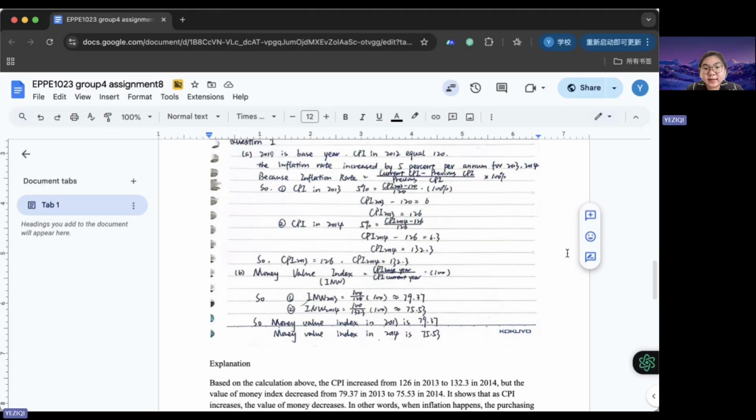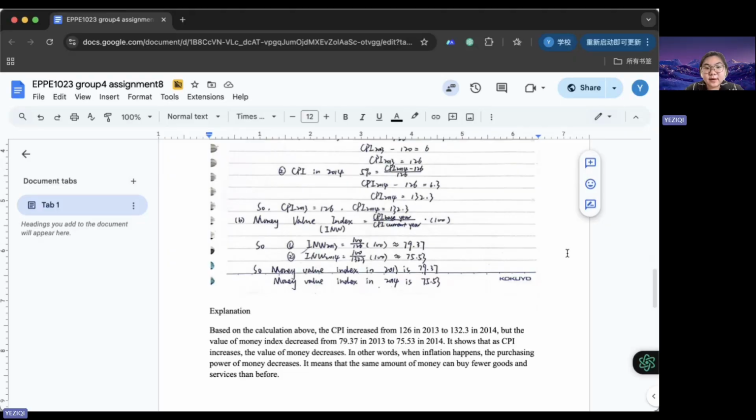Finally the CPI in 2014 is equal to 132.3. So the CPI in 2013 is equal to 126, and the CPI in 2014 is equal to 132.3.